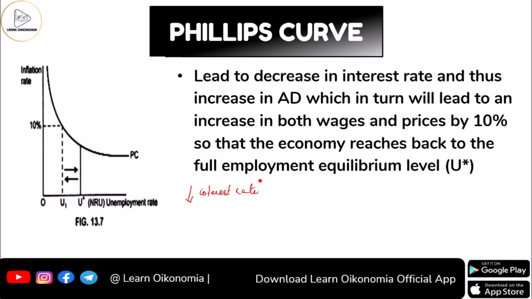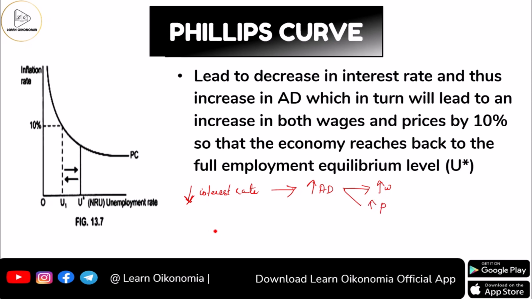And as a result, whenever a fall in interest rate happens, as per the law of demand, whenever the price of some commodity falls, it will lead to an increase in the demand for that commodity. And for the very same reason, when interest rate falls, it will lead to an increase in aggregate demand. And as a result, this will lead to an increase in not only wages but also prices.